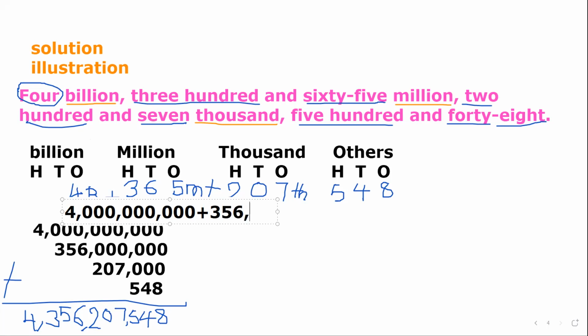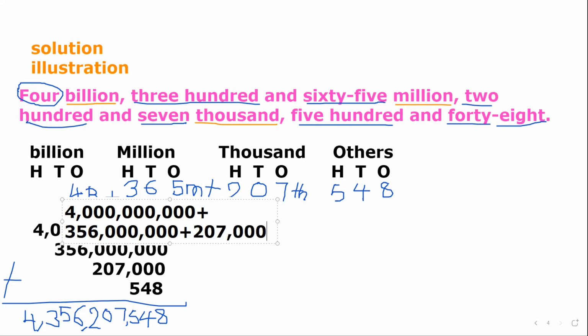The million also possesses 6 zeros. Plus then 207. The 1,000 possesses 3 zeros, plus others, they don't have any zeros. So here will be 548. Okay.